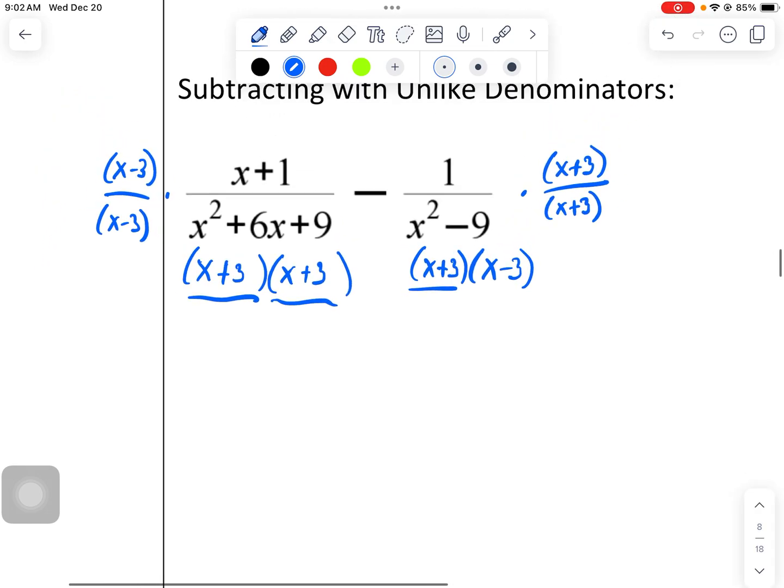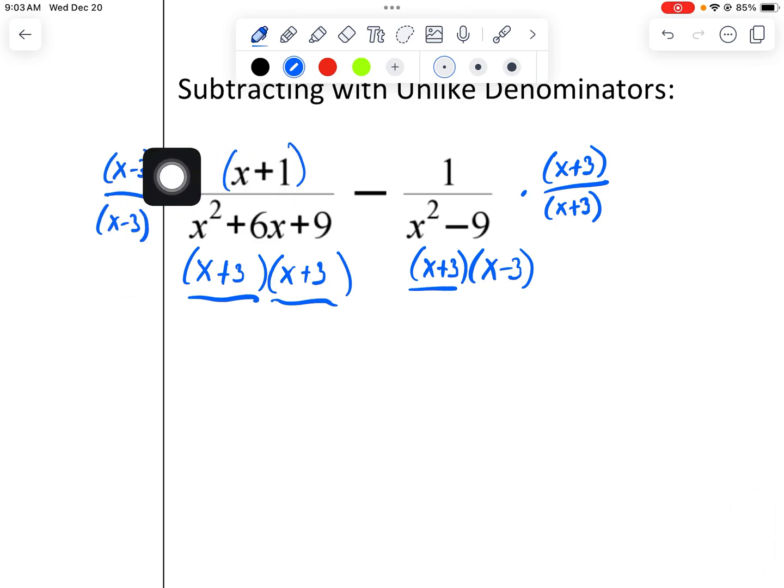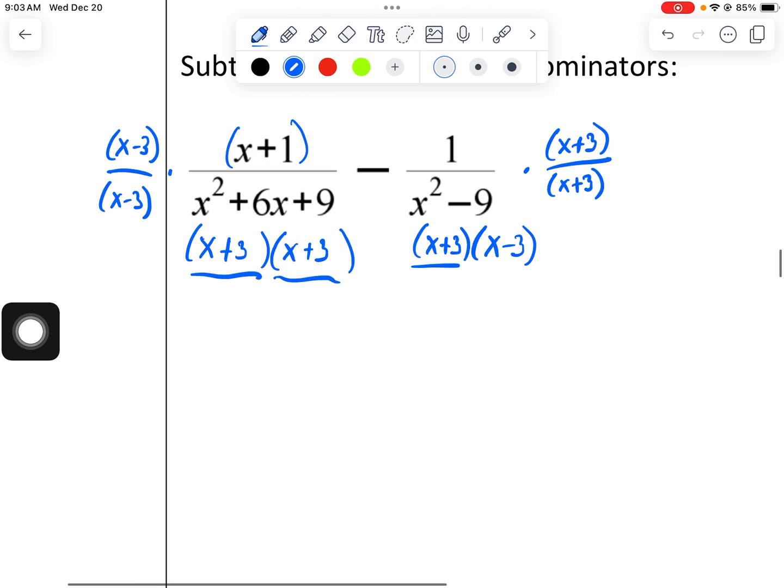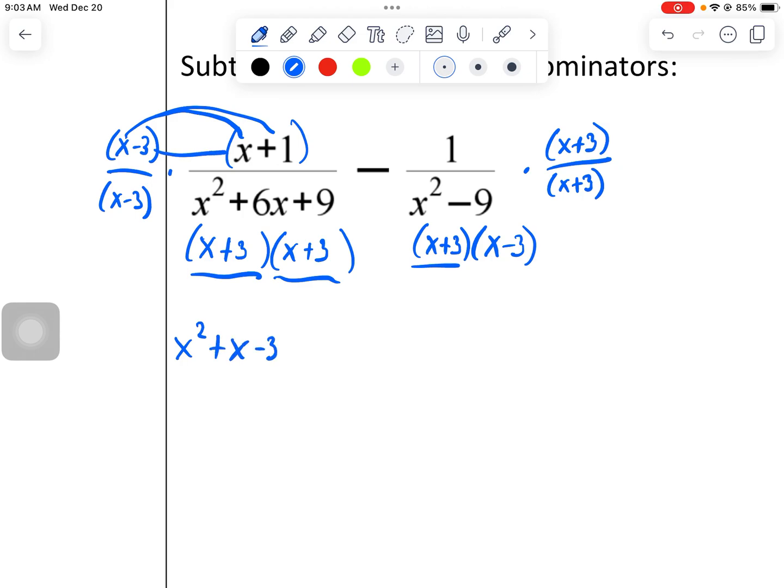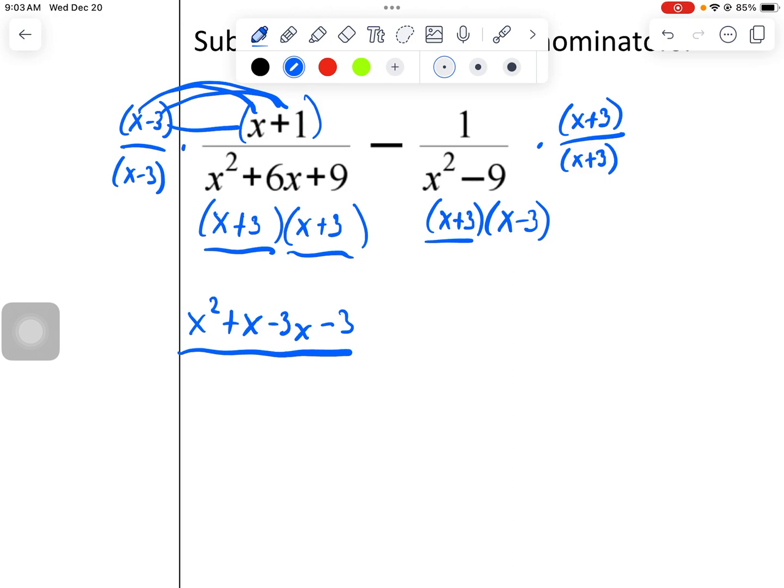Okay. Now, when you have two binomials like this, we have to do the FOIL method where we distribute all the terms, so we're going to get a quadratic on the top. So that's what I'm going to do first. I would get x squared plus x minus 3x and then minus 3 over, again, just leave this in parentheses form.